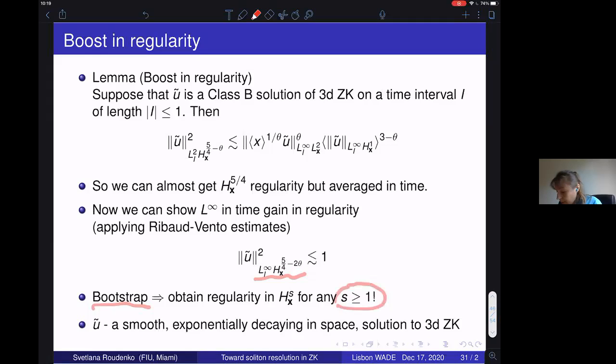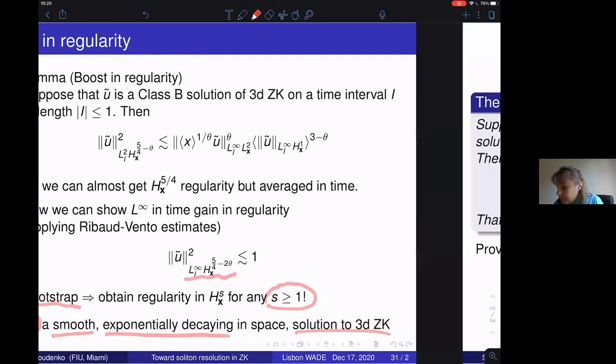So that's the regularity boost. To recap, remember that weak limit ũ, it's a smooth exponentially decaying solution to the 3D equation, and we have now very nice regularity for this.